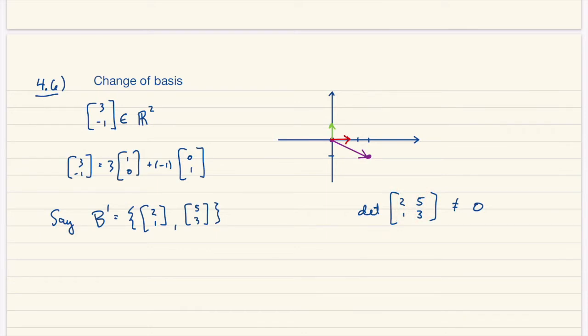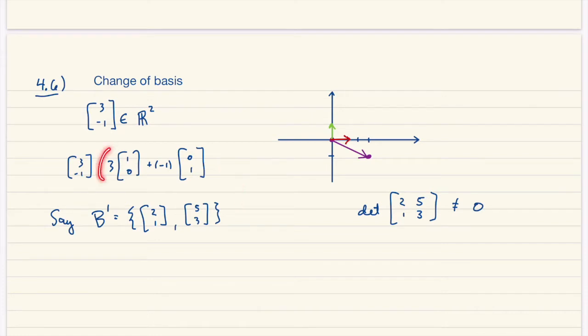So the determinant being non-zero, again, the determinant tells you quite a bit of information about that matrix, and in particular, in this case, about the columns of the matrix. So let's say B prime is this basis for R2. What I want to think about is, how do we mimic what happened above, right?